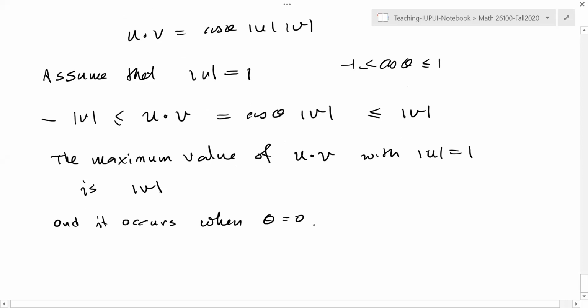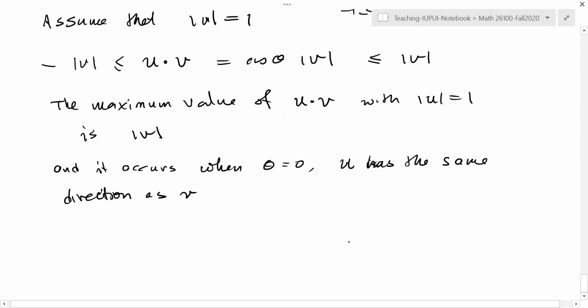Because that means u has the same direction as v. v is fixed. We fix a v, but we let u change. So this is a v, and that's a u.